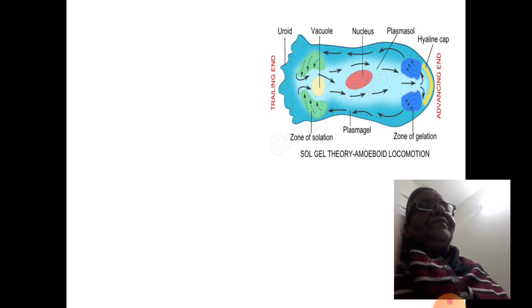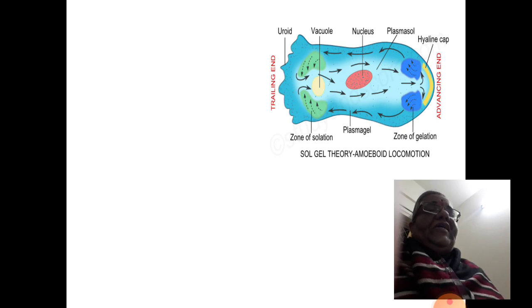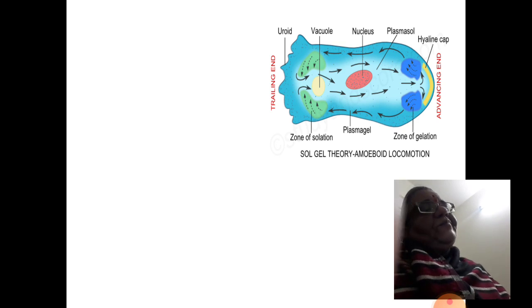In the ectoplasm at the advancing end, you can see a hyaline cap, the protein-rich component. Just behind it, a weak point is created in the plasma gel so that plasma sol can rush in, right? So till now we have studied this much.